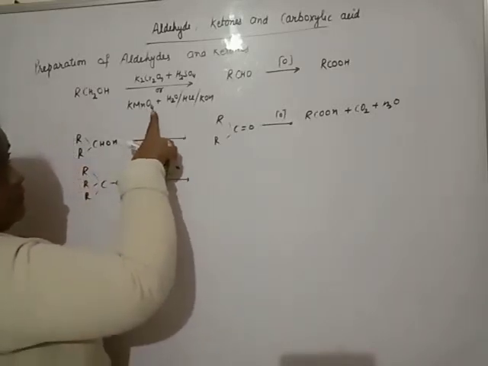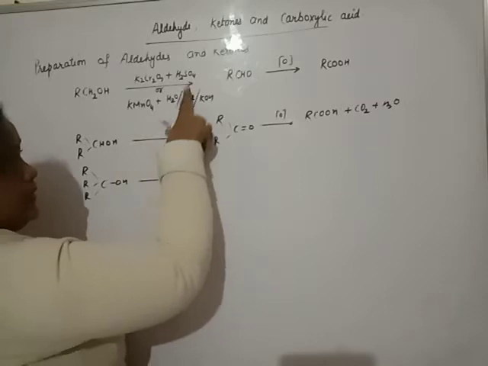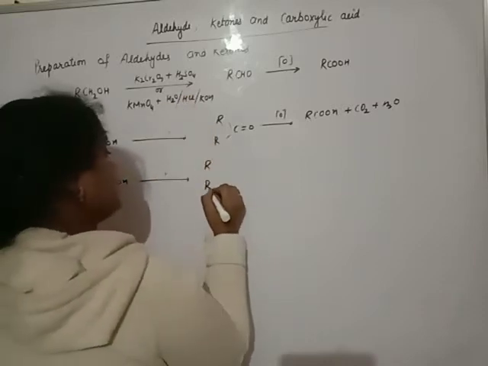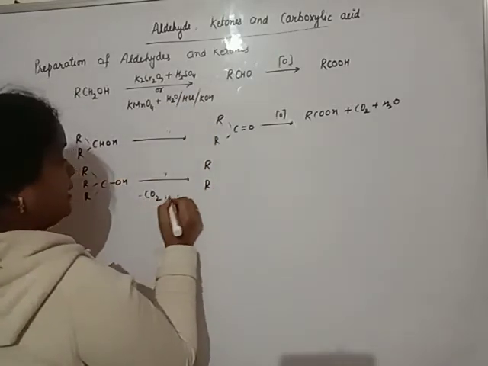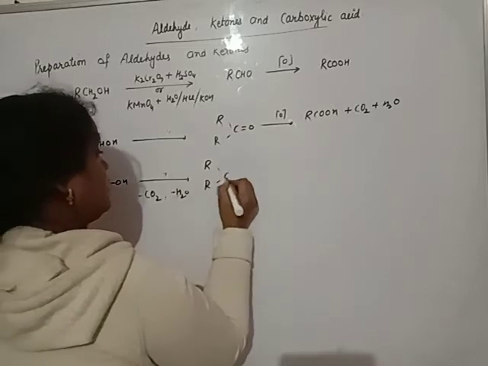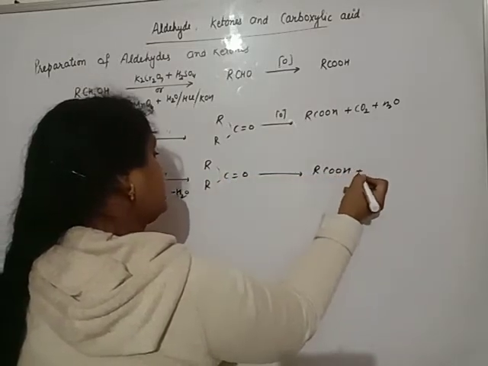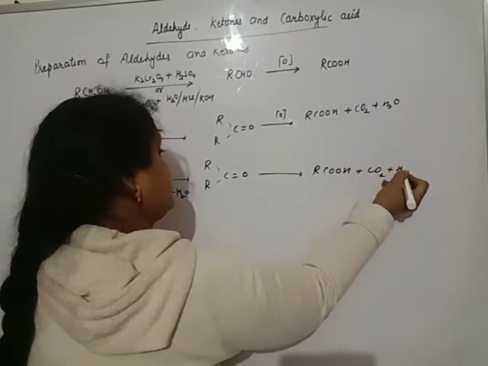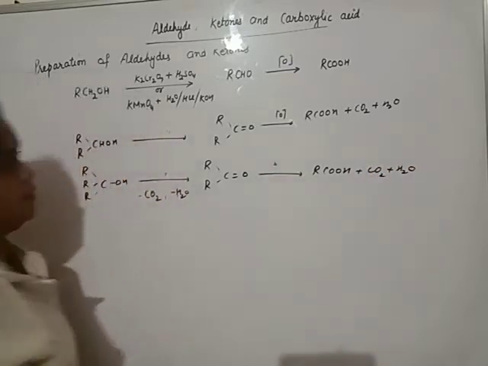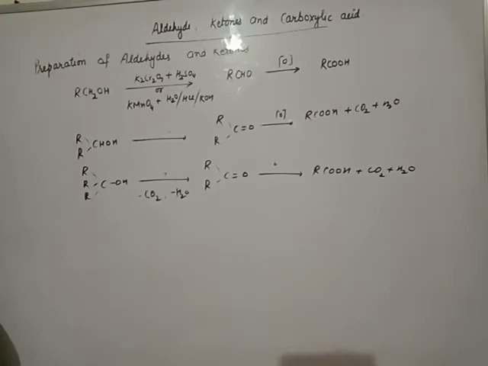Under the influence of these catalysts, it will release carbon dioxide and water to give ketone, and finally the reaction ends up at carboxylic acid. Catalytic oxidation takes place.